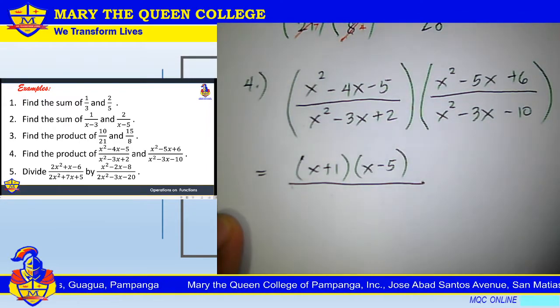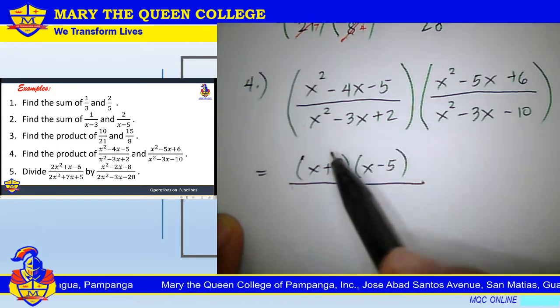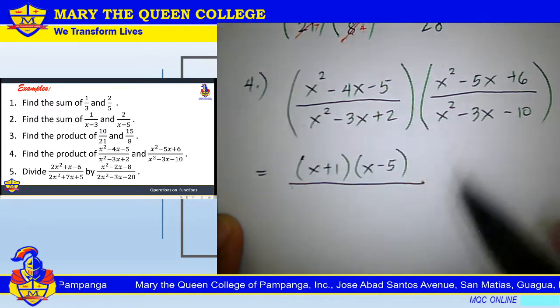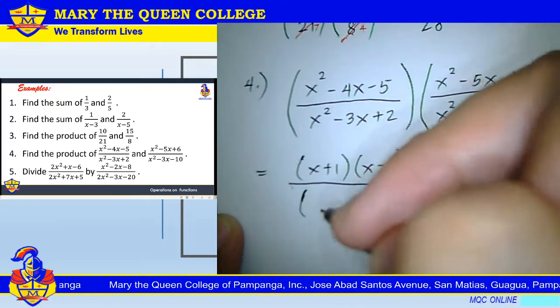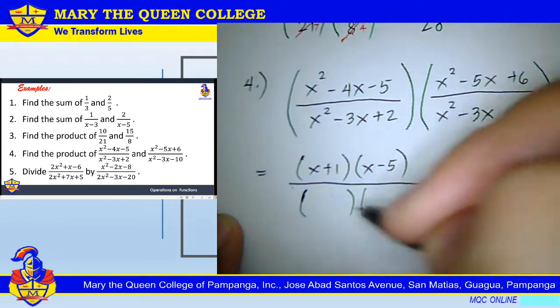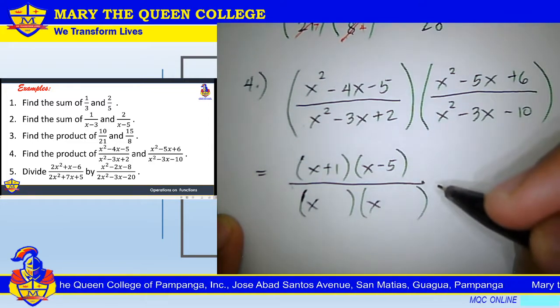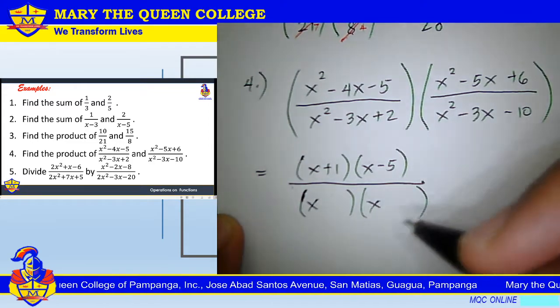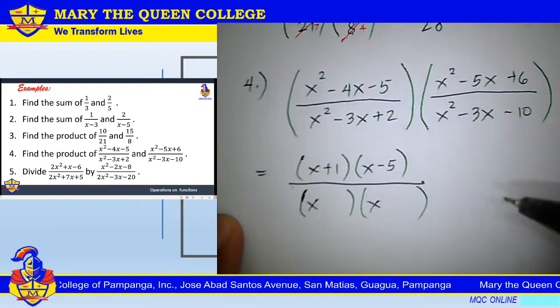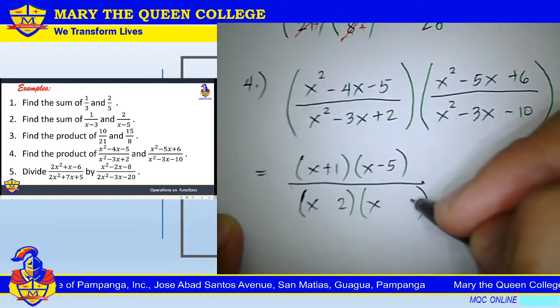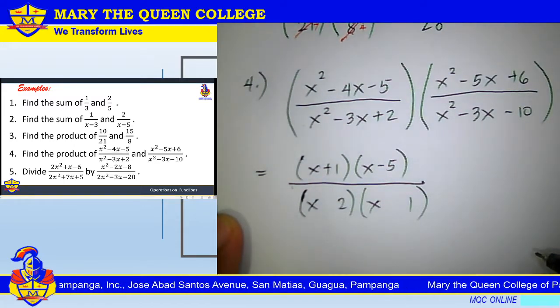Then, for our denominator, we have x squared minus 3x plus 2. Factor out po natin. The factors of x squared are both x. Ayan, x times x. Then, the factors of 2 are, of course, 2 and 1. Okay?